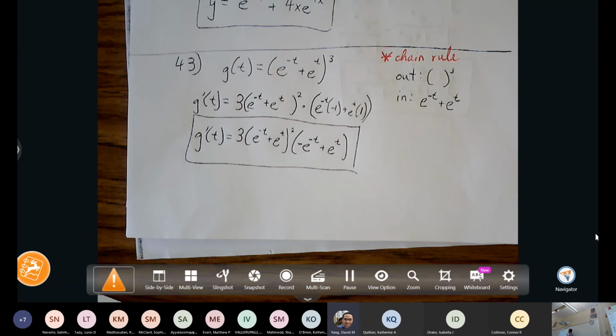So e to the negative t becomes e to the negative t times negative 1, and e to the t becomes e to the t times 1. And then there's a plus in between, so we'll have to keep that plus there. Okay, questions with 43?